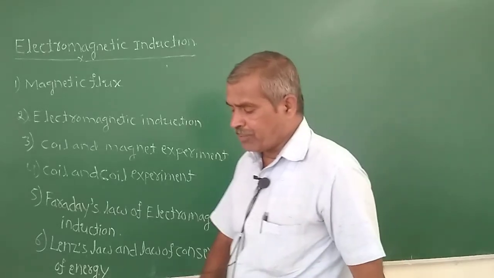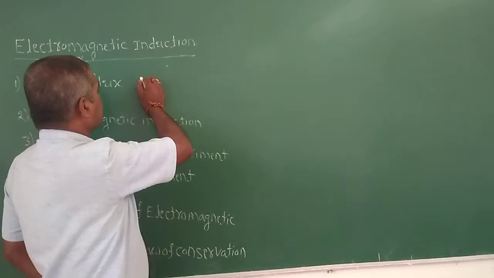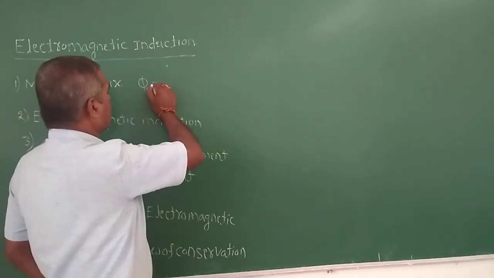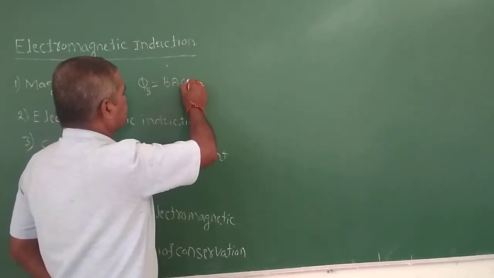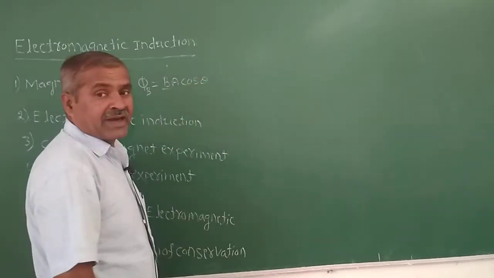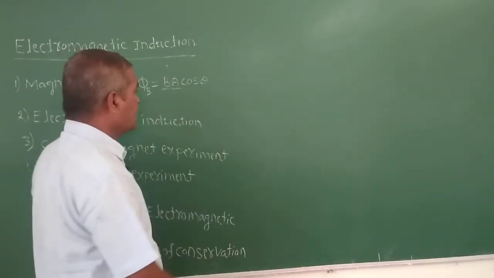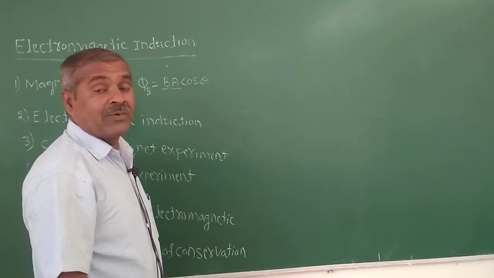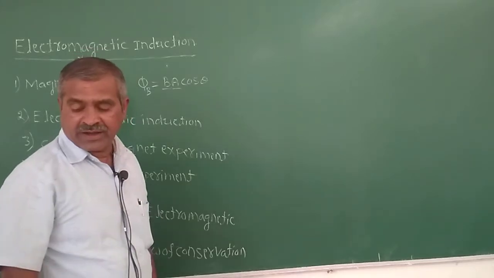flux. Therefore, the formula for magnetic flux is written like this: phi B is equal to B A cos theta, where B is the magnetic field, A is the surface area, and theta is the angle between them.